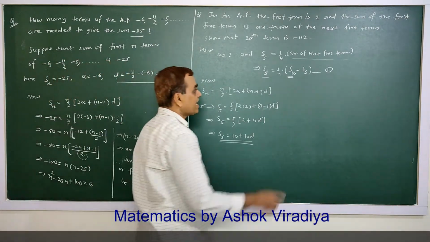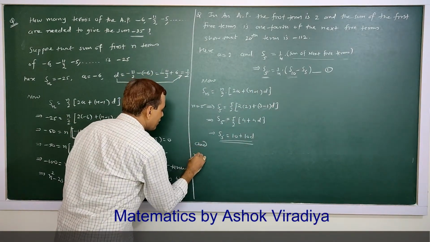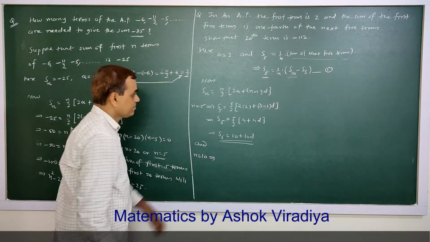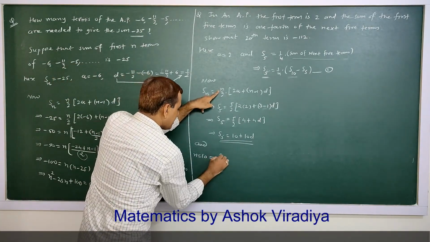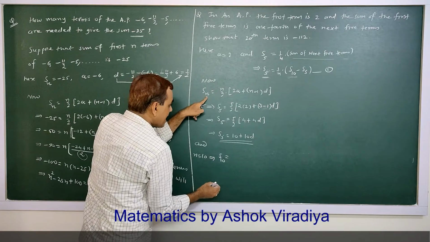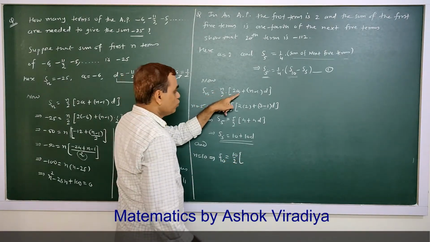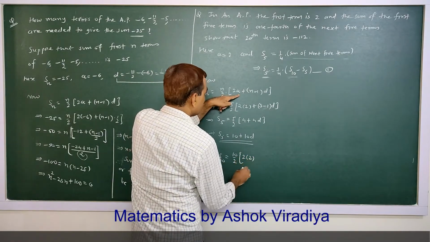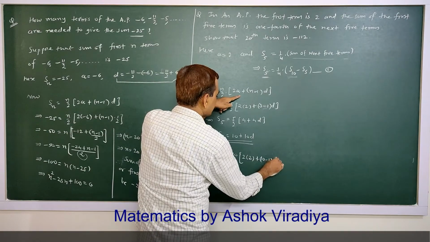Now we calculate S10, for n equal to 10. S10 is 10 by 2 into 2a, so 2 into 2 plus 10 minus 1 into d.